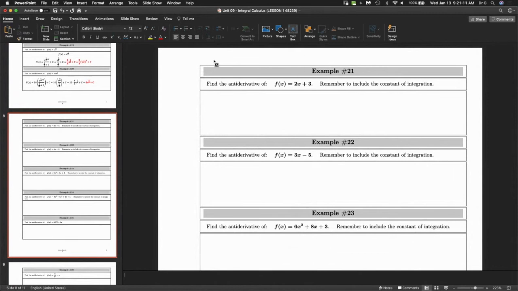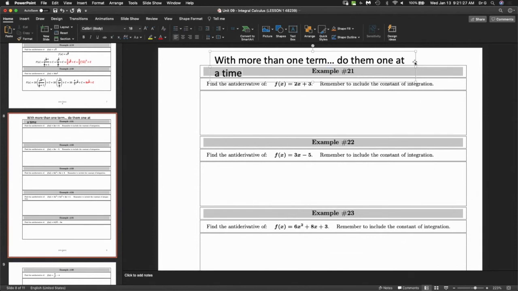So dealing with polynomials, I'll just say with more than one term, just do them one at a time. Okay?